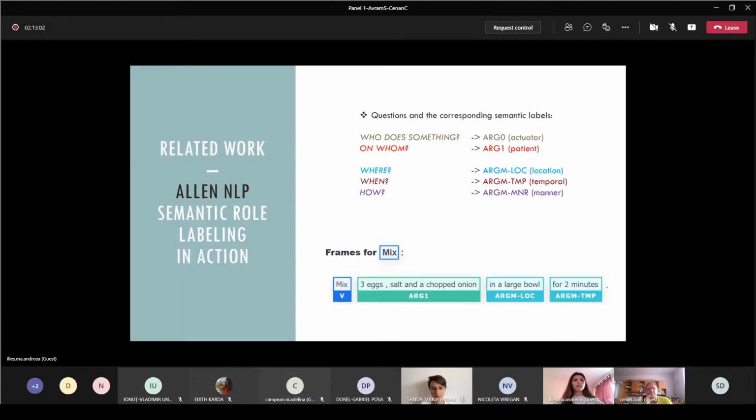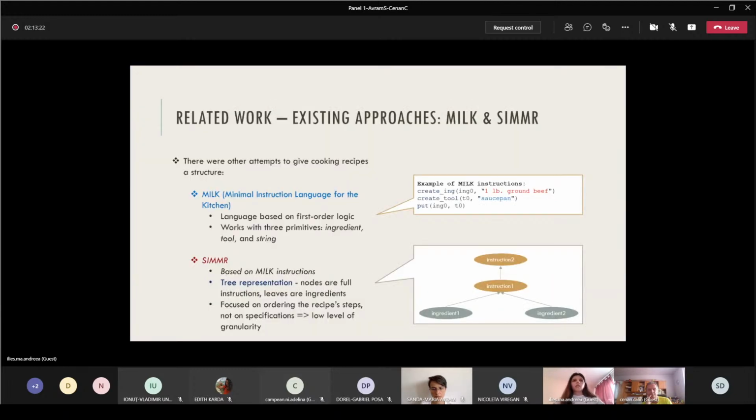The semantic role labeling is really interesting in the case of recipes because we can really see the mapping between different specifications and the tags. For example, here, argument 1 represents the instructions. For the location, we can definitely see that the bowl is actually a location for the recipe, and the time, of course, is the time.